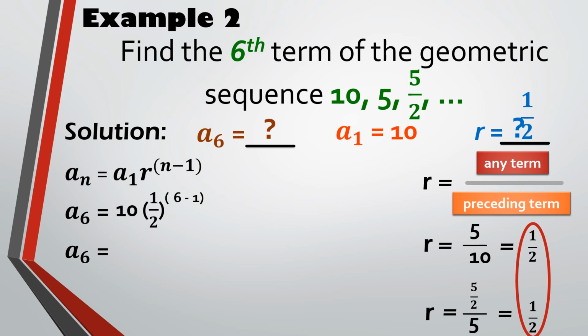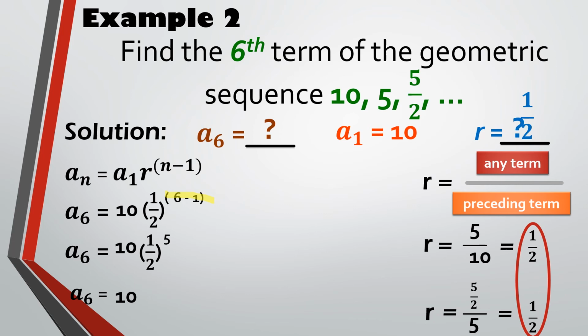Next step, a sub 6 is equal to 10, copy, and then 1/2. And then, what is 6 minus 1? That is equivalent to 5. And then, copy again 10, and then you raise 1/2 to an exponent which is 5. Meaning to say, you multiply 1/2 by itself 5 times.